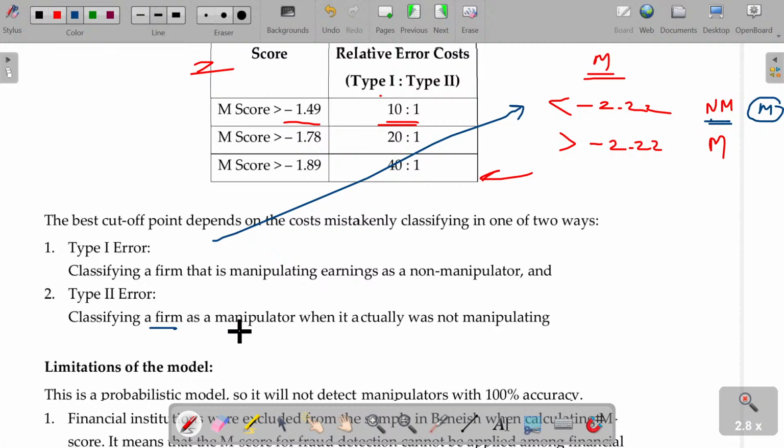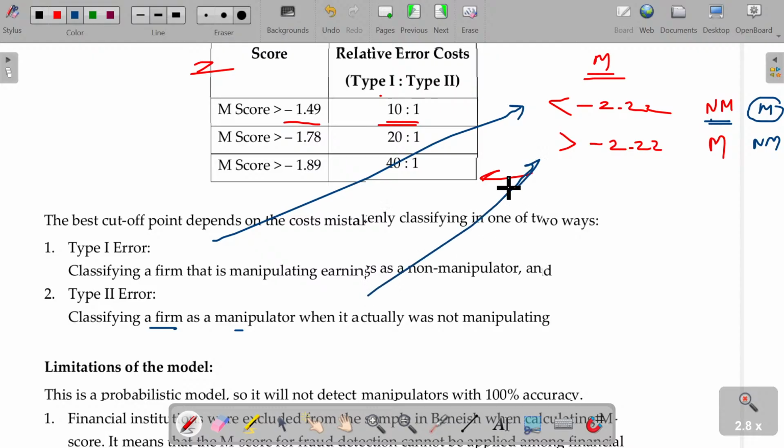And classifying a firm as a manipulator when it actually was not manipulating. The second company is actually non-manipulator, a good company. Because of the Beneish model, we came to know he may be a manipulator. That is also an error. A manipulator wrongly classified as a non-manipulator is the error type 1, and a non-manipulator classified as a manipulator is the error type 2.